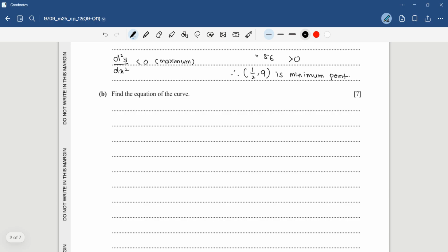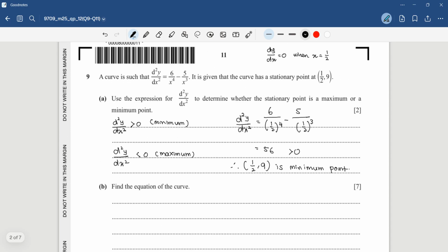So B, find the equation of the curve. Here you have d²y/dx², so you need to do two times of integration in order to find the equation of the curve, because the curve will be y. You need to find the y. So we integrate this first.